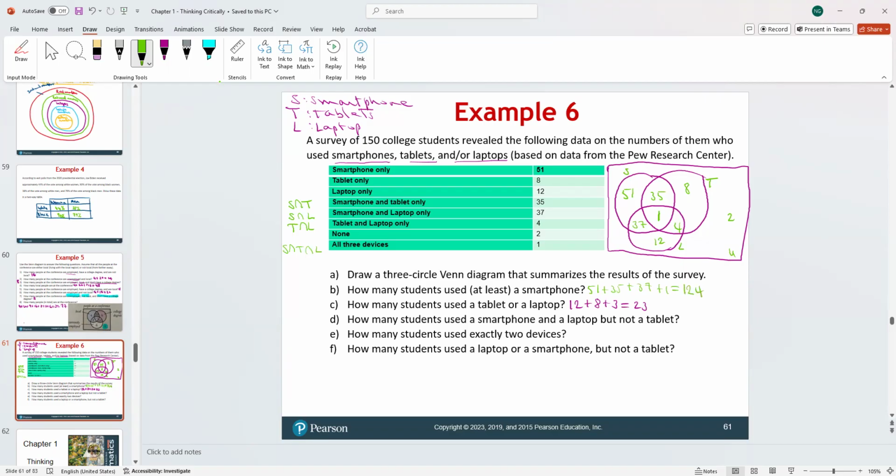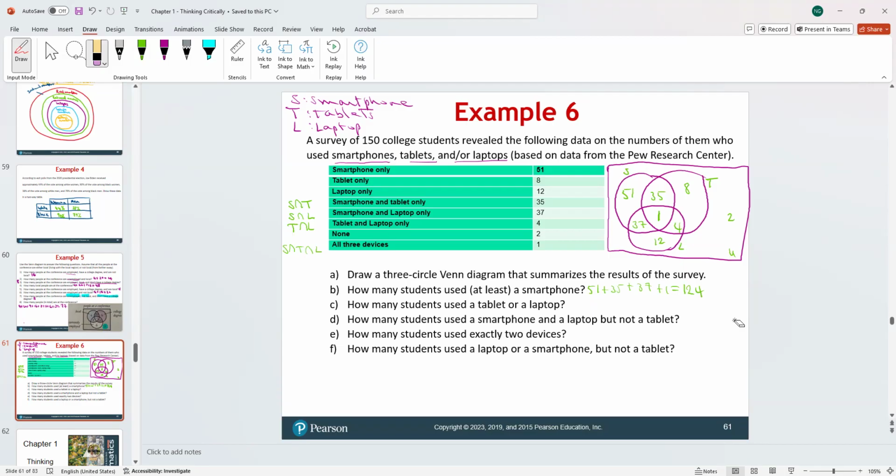Now, the same way, I'm going to review how many students use a tablet or a laptop. It's everywhere you can see either tablet or laptop. Because they don't say only, we're gonna take everything where we see tablet and laptop.